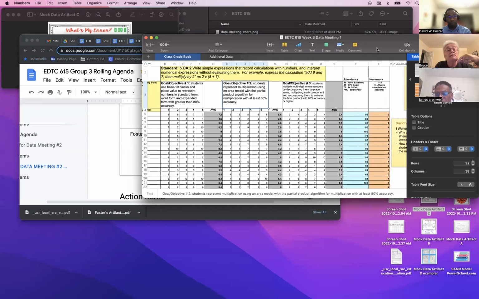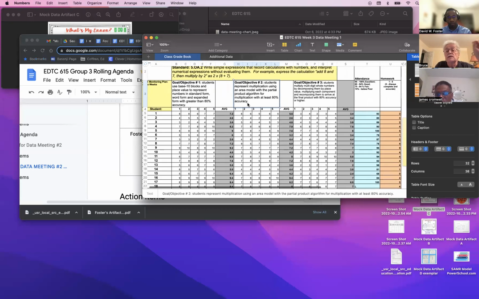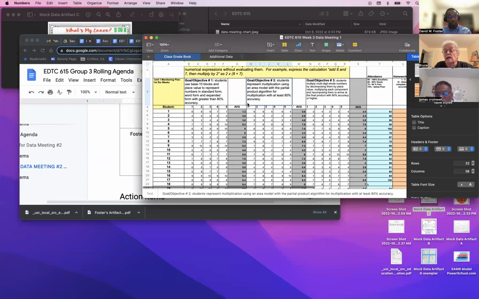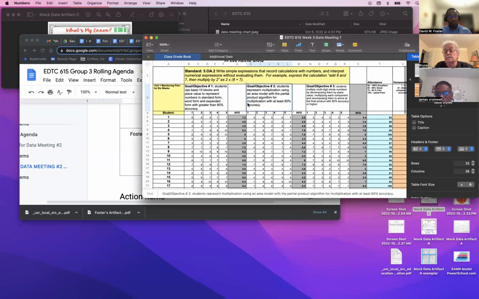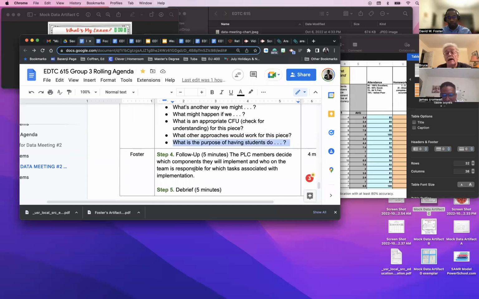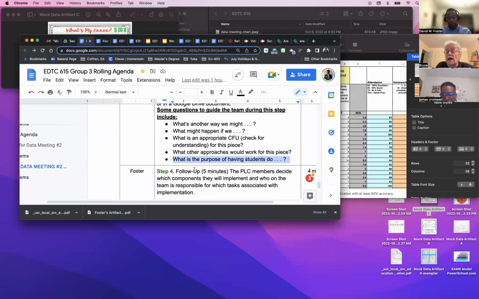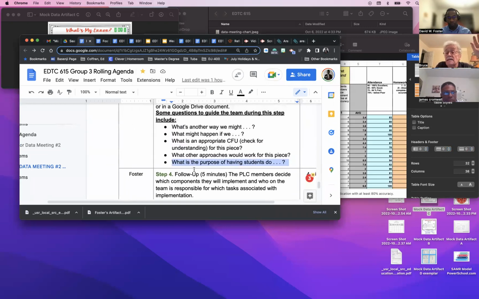In my pre-assessment for number 1, did the students have adequate background knowledge for this Excel sheet? That would tell me which students had the adequate background knowledge and who didn't. Like the high flyer, number 19, he probably has all the background knowledge he needs to do that exercise.